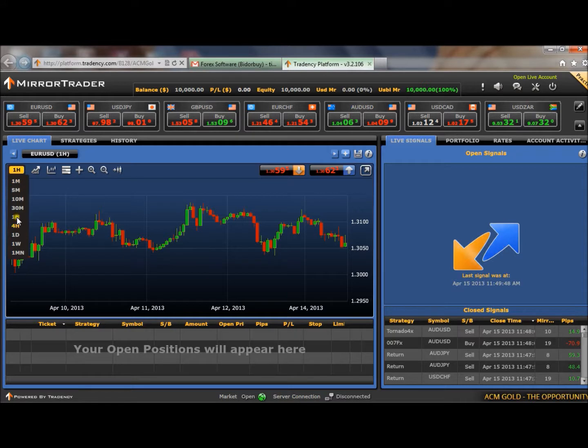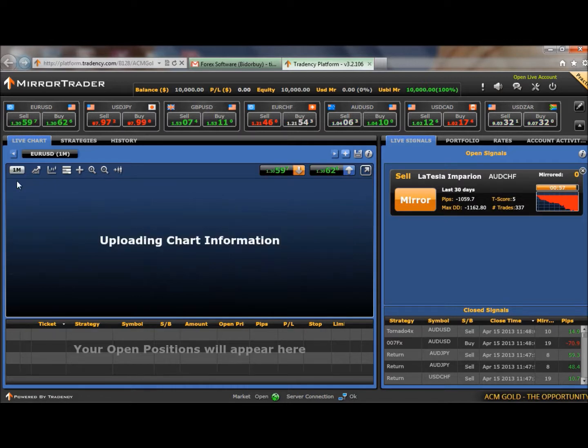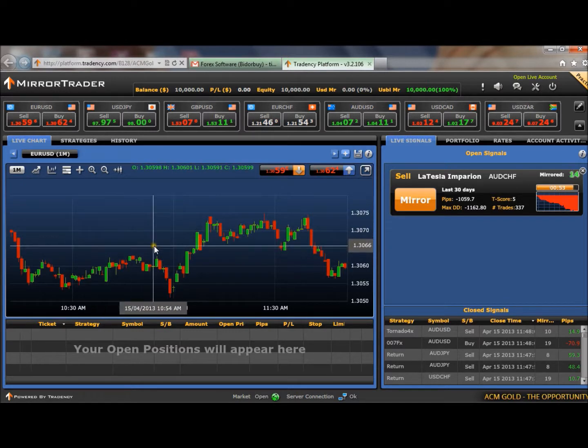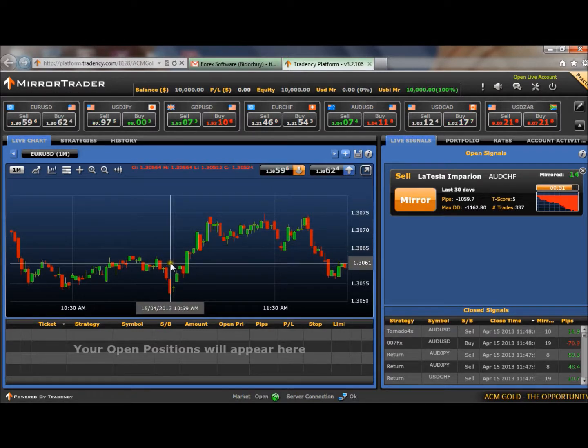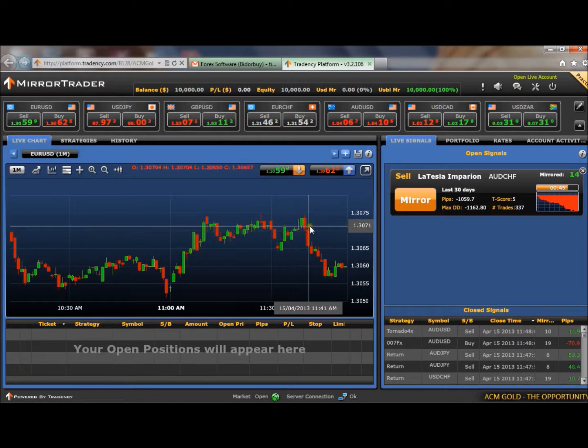You can change from 1 minute to 1 month. If you click 1 minute, you will see that a new chart opens, and these candles will represent a minute of movement in the market. So each of these candles shows how much the price moved in one minute.